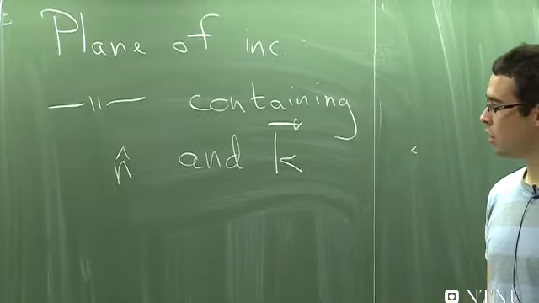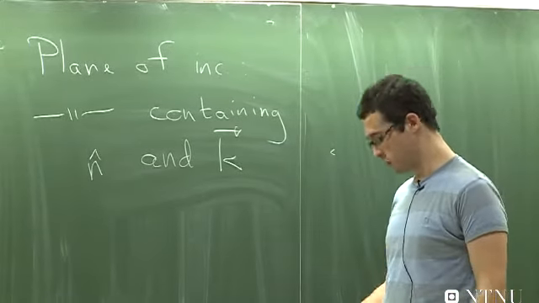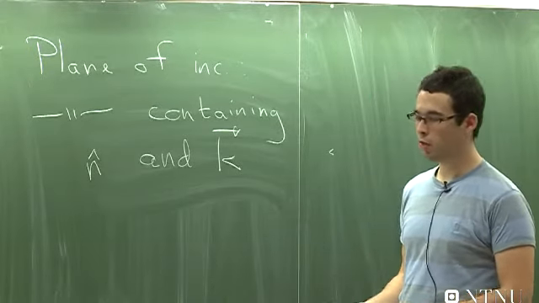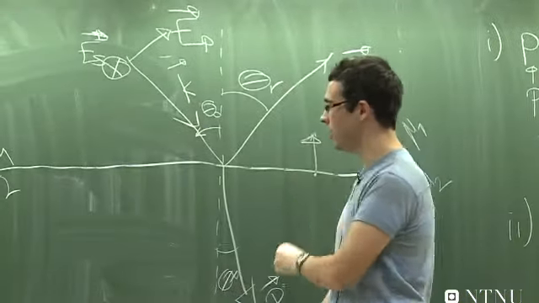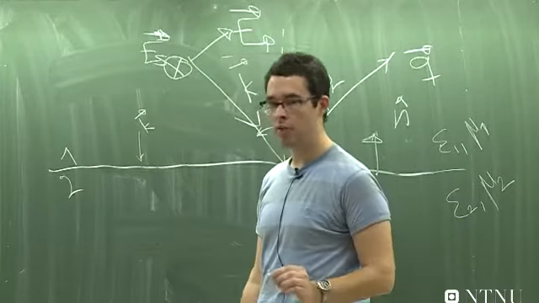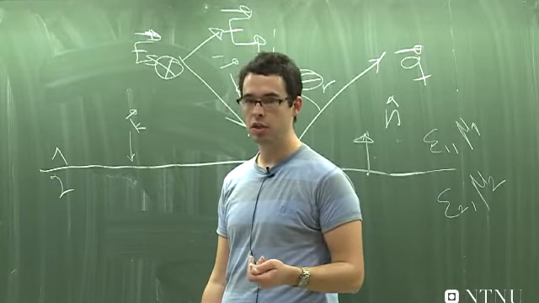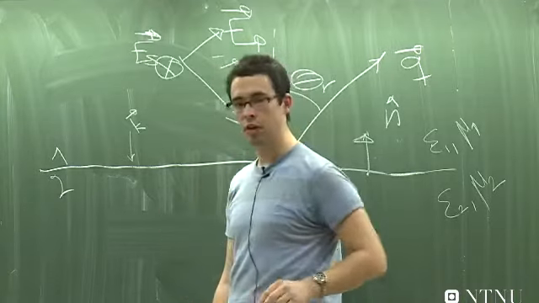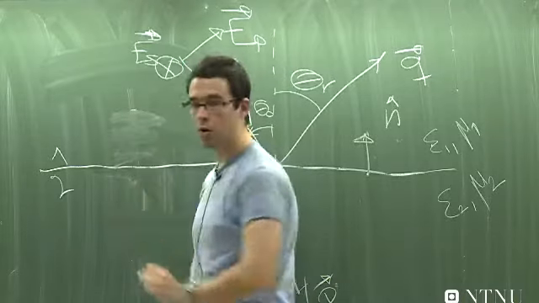So I can form a normal vector, of course, by crossing these two vectors, but that's not very often needed, perhaps. You'll notice that if I have normal incidence, meaning that k is parallel to n, like this, then the plane of incidence is not defined. So I can no longer define the P and the S polarization. And this is natural, of course, because then we'll have rotational symmetry, assuming that the material is rotationally symmetric, or isotropic. And for now, we're going to assume that.